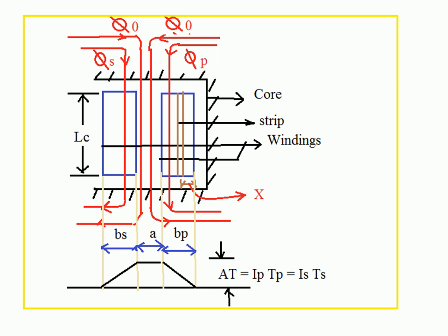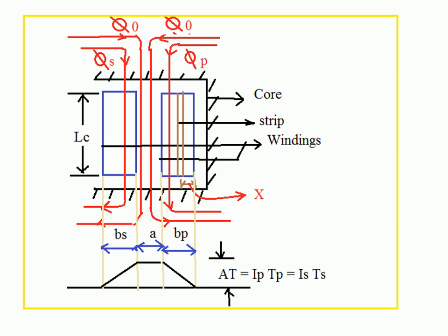The flux distributes along the height of the winding, or runs parallel to the height of the winding. So phi P is the leakage flux linking the primary winding, and phi naught is the duct flux.